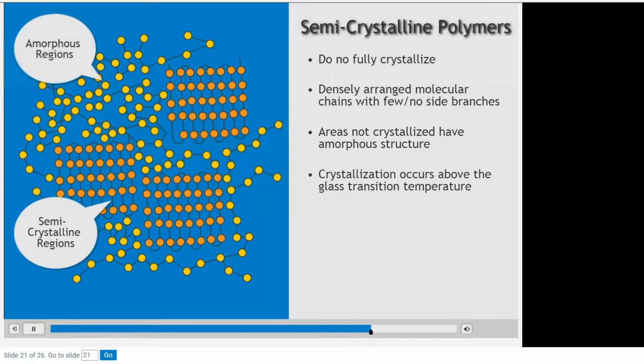Crystallization takes place above the glass transition temperature. When the temperature drops below this point, the molecular chains lose their ability to move, halting the formation of crystalline areas. Crystallization is only formed if the secondary binding forces are high. Otherwise, the material adopts a more random amorphous molecular structure.